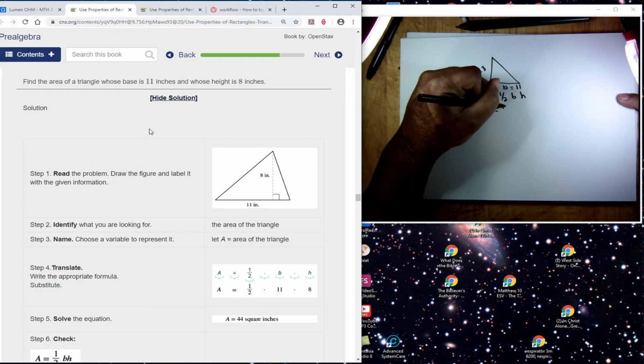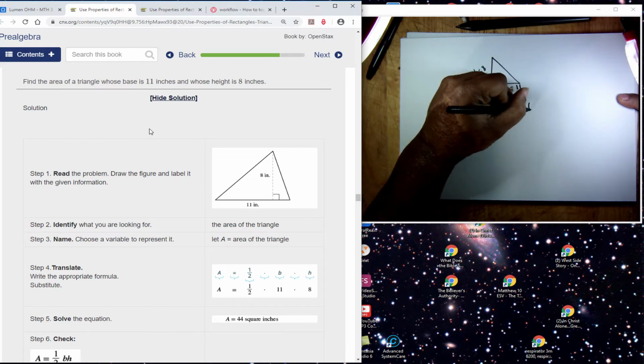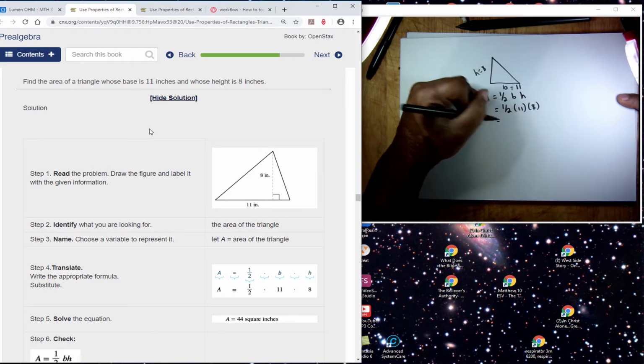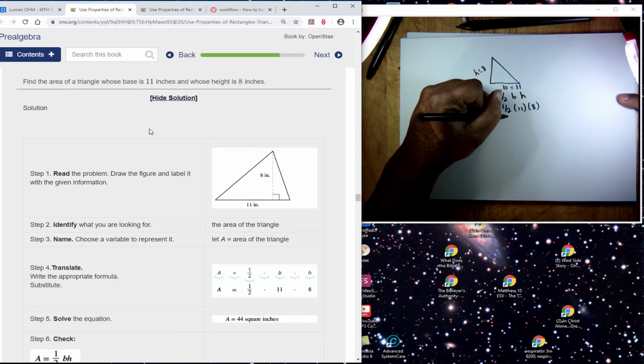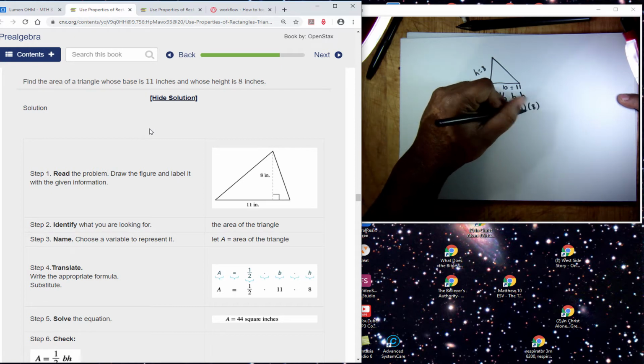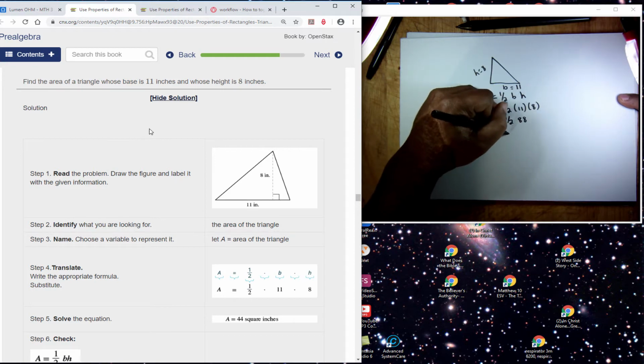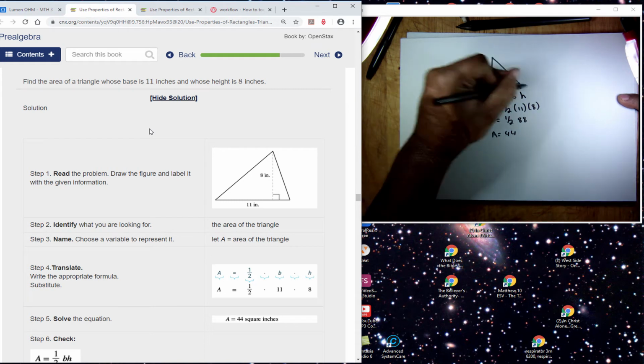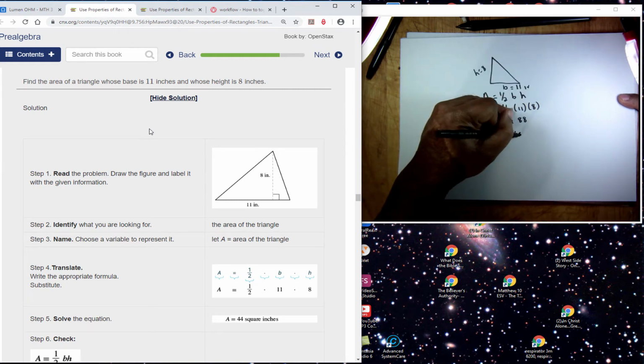So I can multiply this out: 1/2 times 8 times 11 is 88. Half of 88 is 44. So the area is 44 square inches.